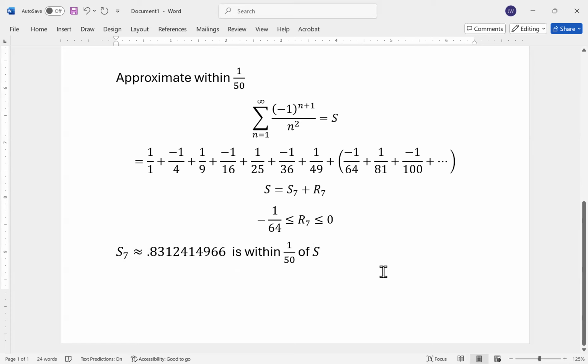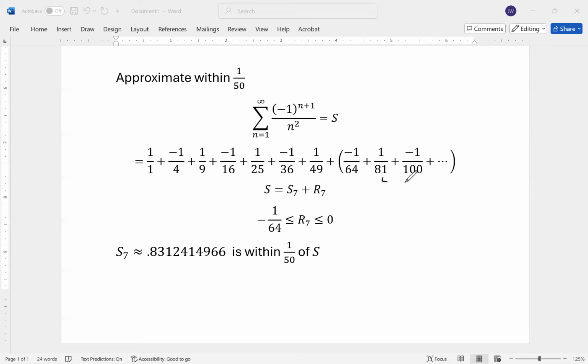That's how we approach getting good approximations. I just write out the terms, and since it's alternating, we have this really nice pairing going on. Alternating and converging means that the terms are decreasing towards zero, so we can pair them up. And when I pair the first two terms and then terms 3 and 4, terms 5 and 6 of the remainder, we'll see if that remainder is positive or negative.